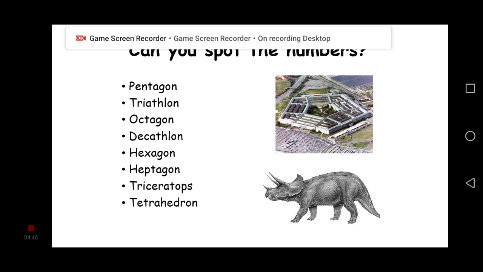Generally, the agon comes from the Greek gonia, which is corner, and the hedron bit comes from the Greek for a kind of base. So a tetrahedron would have 4 bases, a pentagon would have 5 angles.